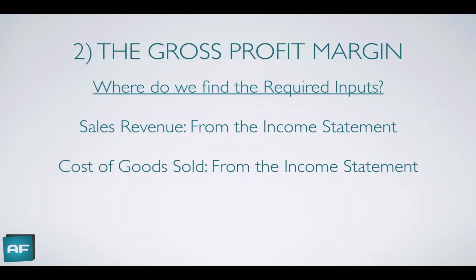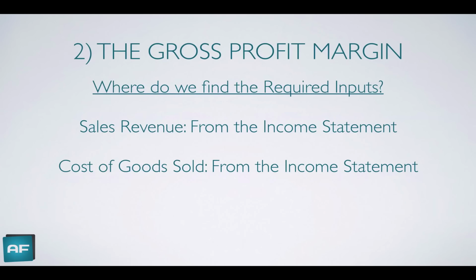Hypothetically, if you're running a business that sells widgets and you spend $70 to purchase a widget that you're going to later resell, so you pay your suppliers $70 for that widget, then your cost of goods sold would be $70 when you sell that widget. And ideally, your sales revenue would be higher than your cost of goods sold.